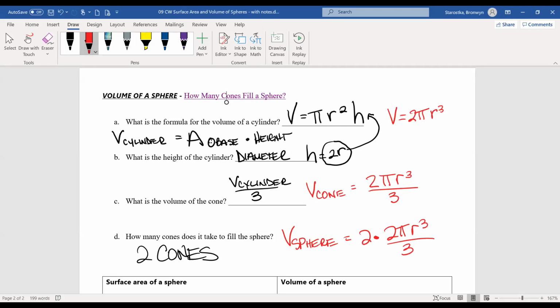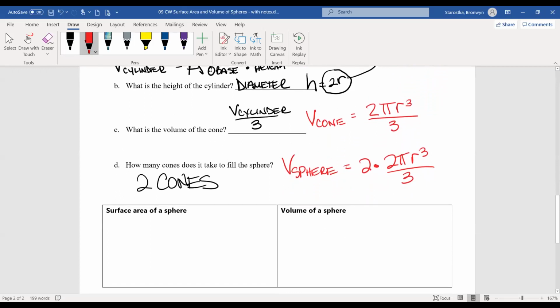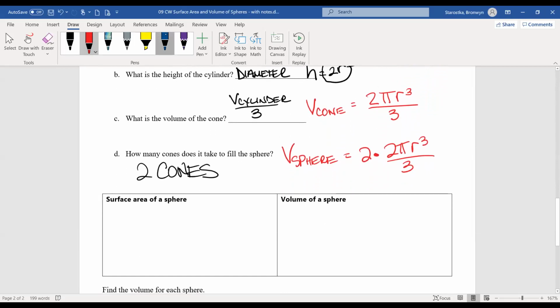All right, so let's write our formulas. Surface area of a sphere is about baseball. It takes 4 areas to cover the whole baseball.